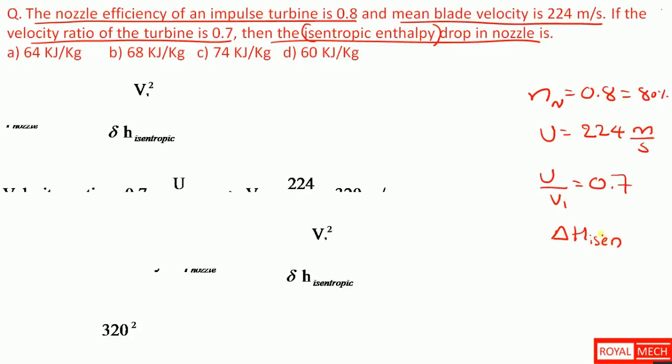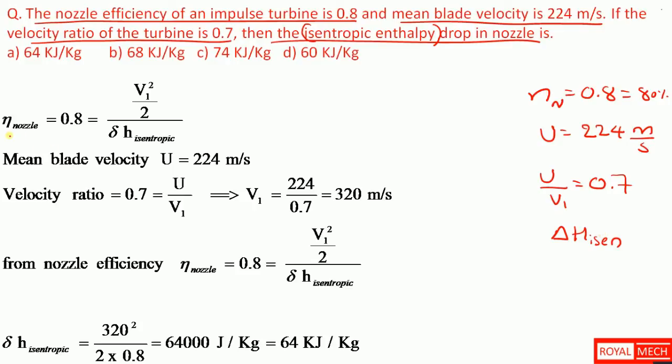So we know nozzle efficiency is equal to kinetic energy input. So m dot we write here and m dot, so this m dot and m dot cancels. So kinetic energy input divided by isentropic enthalpy.